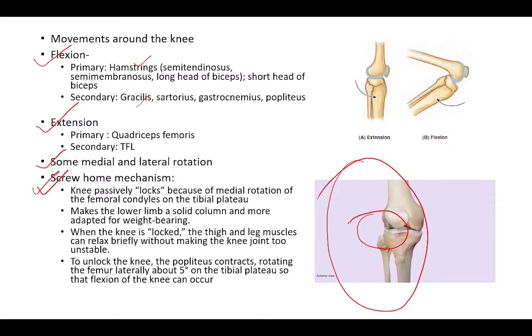This makes the whole lower limb a single solid column which is more adapted to weight bearing. With the knee locked, the muscles can also relax, making the knee joint not unstable. To unlock the knee, the popliteus contracts, rotating the femur on the tibial plateau, allowing flexion to occur again.